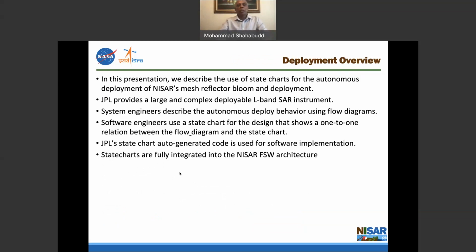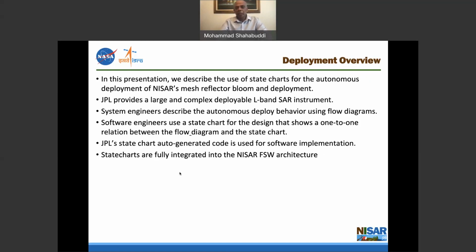The system engineers describe the autonomous behavior using flowcharts, flow diagrams, and tables, and then the software engineer takes that information and uses state charts or other tools.